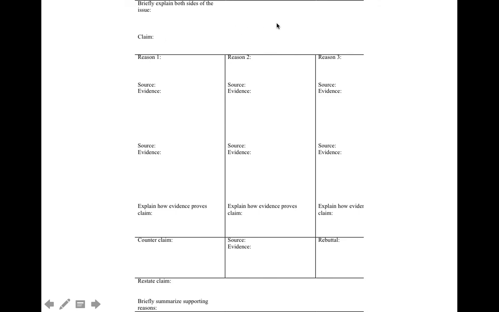This top part here is meant to help you remember what the 2 sides are because you're going to need them for the body part of your essay. So based on your claim, Tom Robinson is not guilty. I need to find 3 different reasons to support this claim. So my source evidence here is going to be text evidence to support that reason.